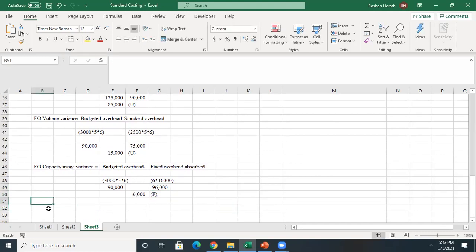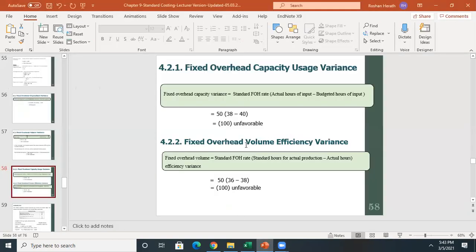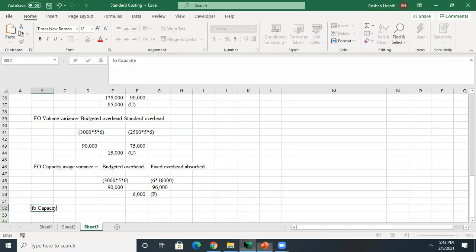Then what about the efficiency? Fixed overhead volume efficiency variance.